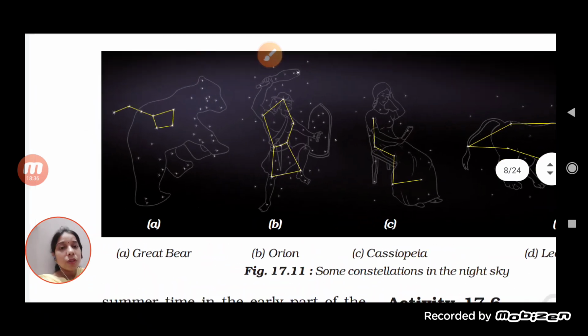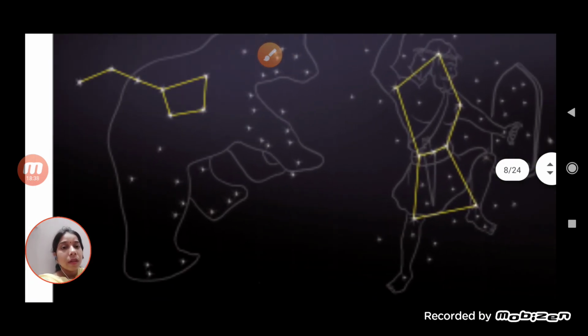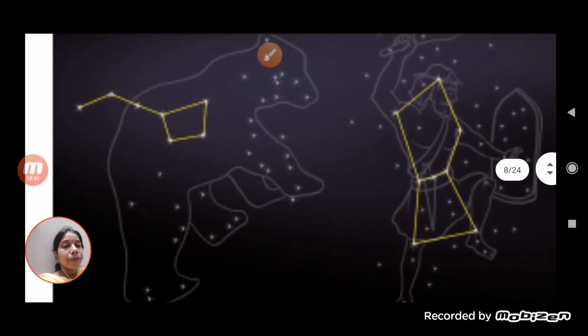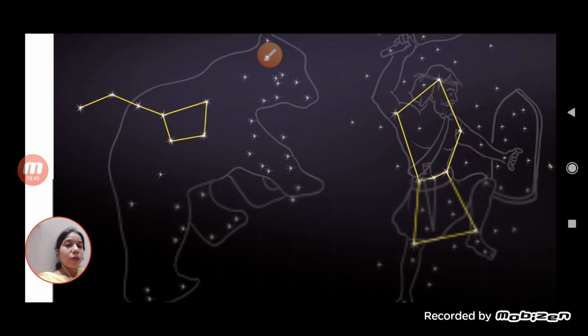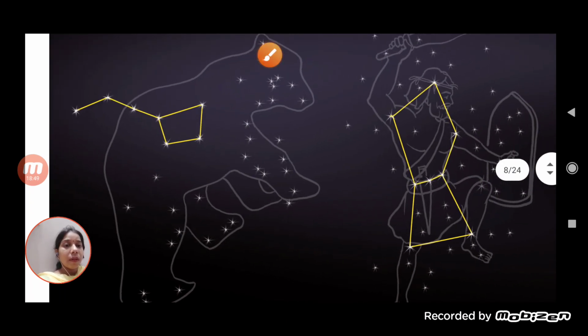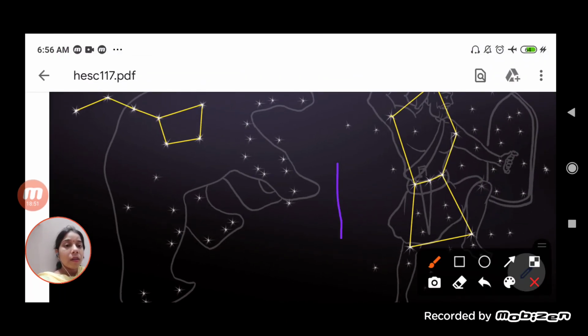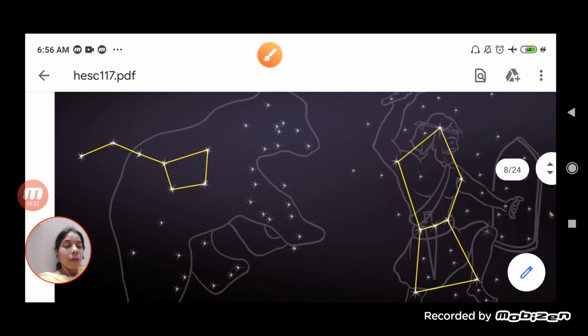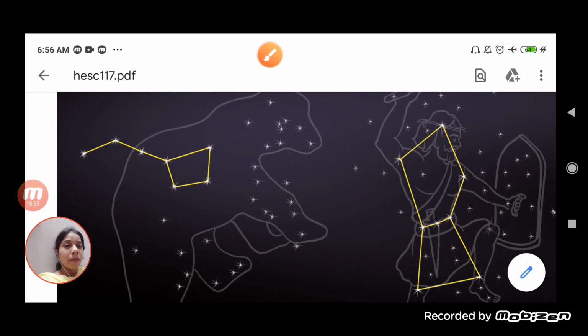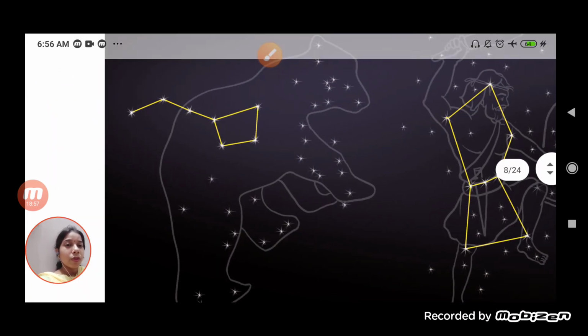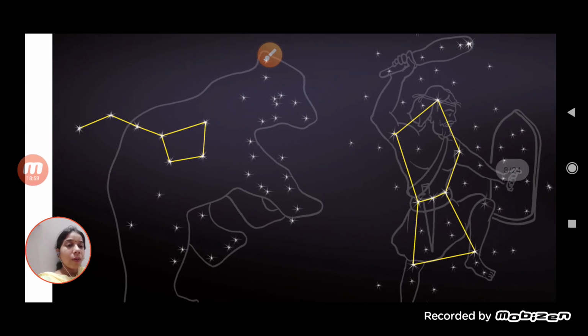Let us see the structure of this. See, this is the structure of Ursa Major, students, the Great Bear.